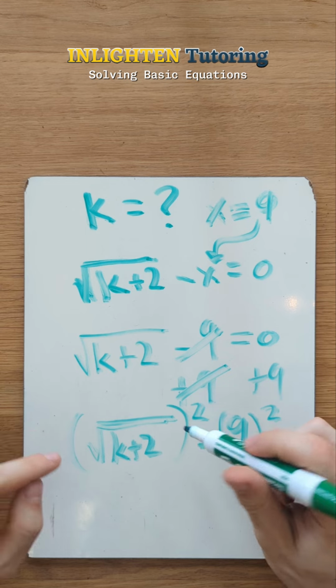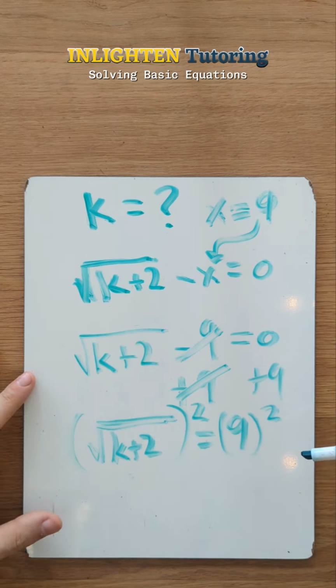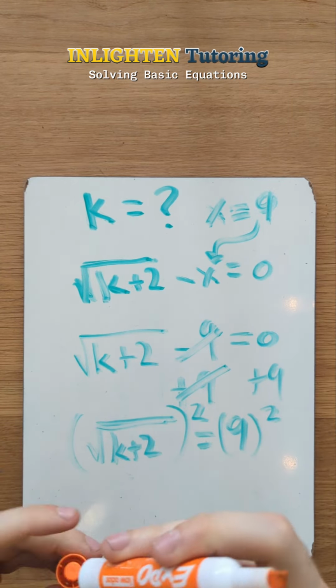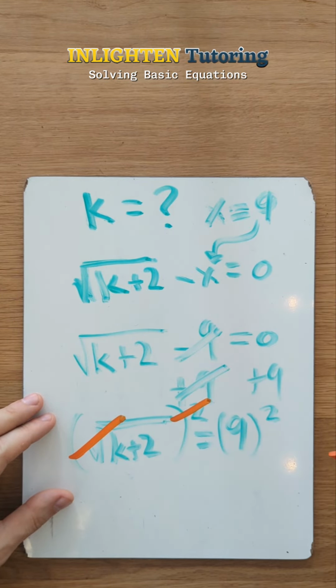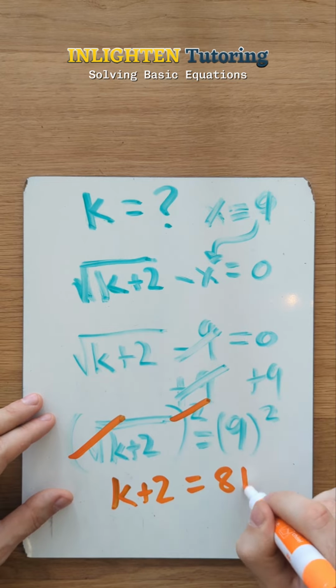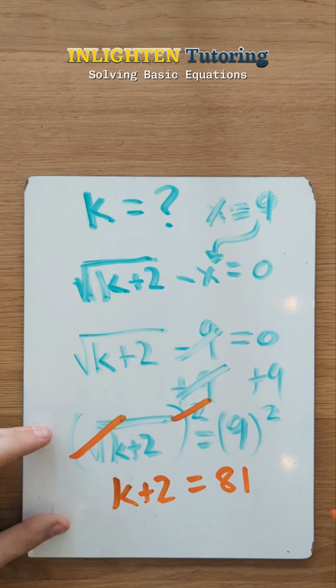That just shows that I'm squaring the whole left side and the whole right side of the equation separately. This, in fact, let me switch colors here. This makes my square root symbol go away. And it turns the 9 into 81.